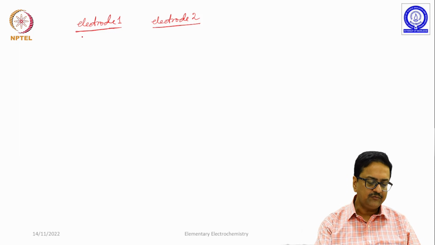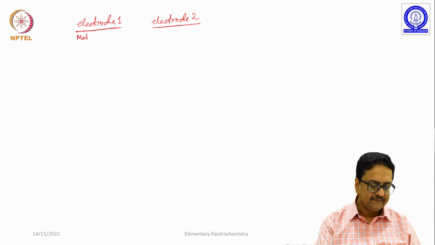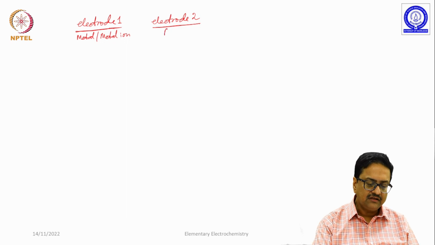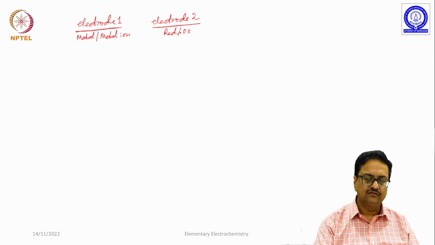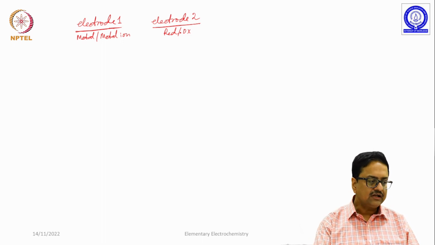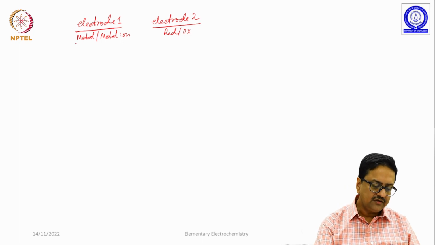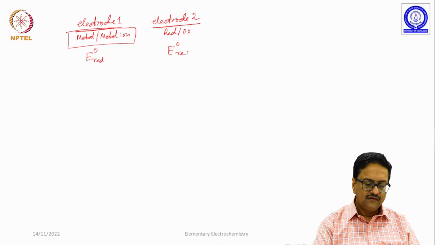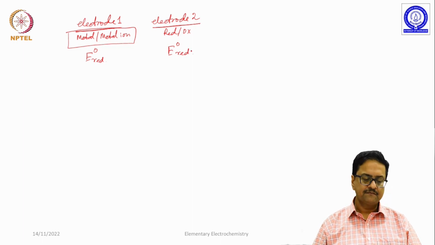So one of the electrodes can be, suppose, a metal ion electrode, and the other electrode can be a redox electrode, which can be coupled together to form a cell. Individually one has to know the E0 value in the reduction mode for this cell and the E0 reduction mode for that cell.